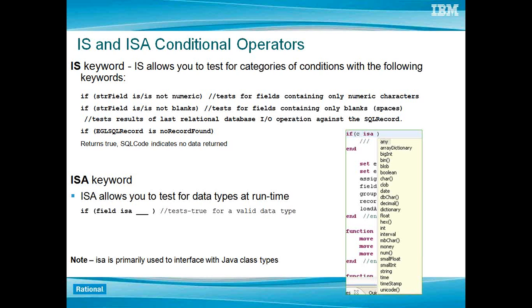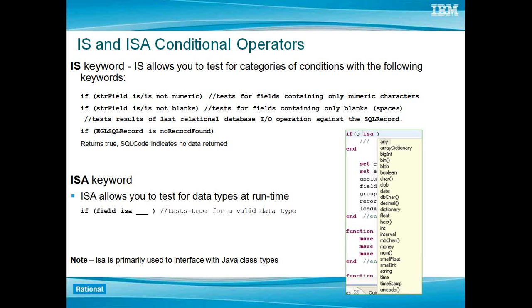In the same way, we have the isa block, which is primarily used when you are going to interface with your Java classes, or when you are calling Java code inside your EGL. Then you would use the isa keyword.